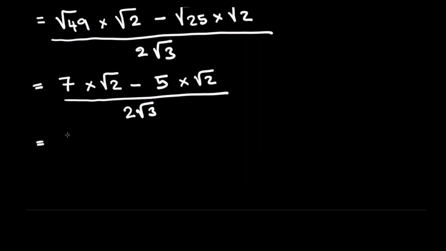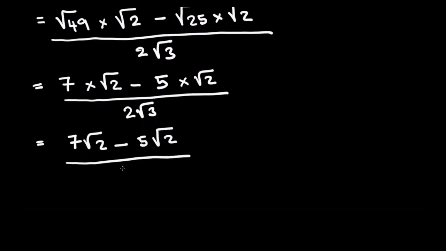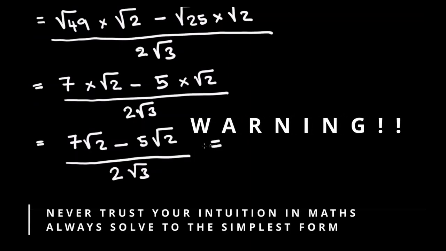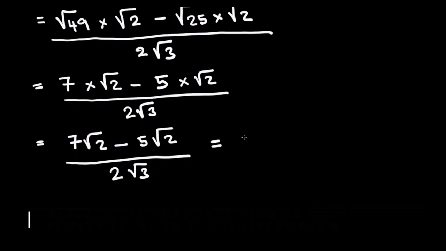And this can be expressed as 7 root 2 minus 5 root 2 all over 2 root 3. Can we further simplify this? We can leave it here, but if you want to simplify, notice that on our numerator, the root of 2 is common.